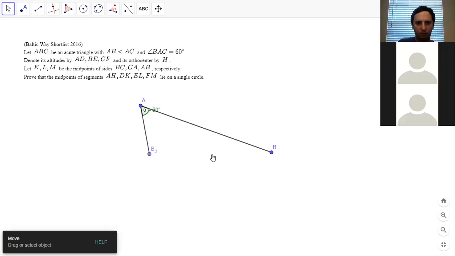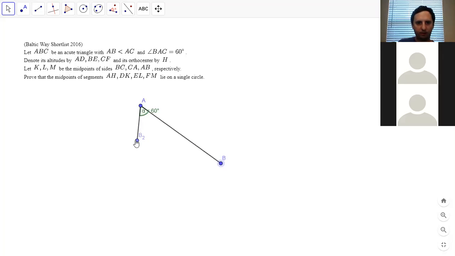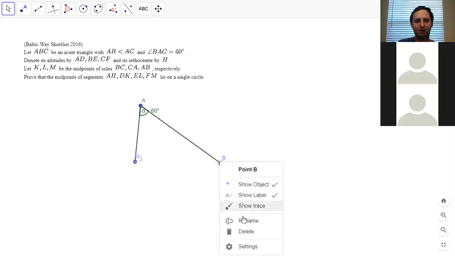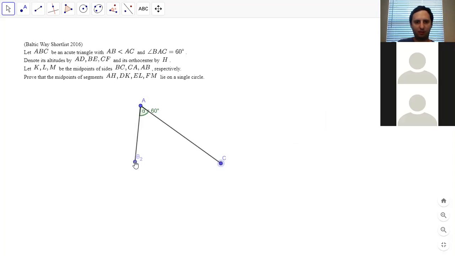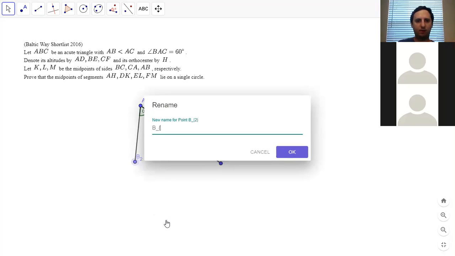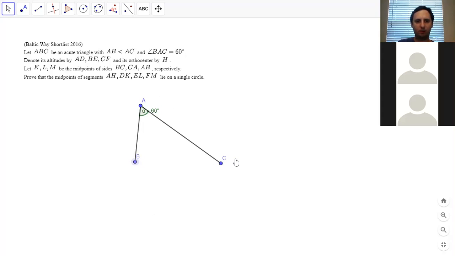And let me make it look more like this. Well, what just happened? It just changed. I want this to be C and this to be B. See if it works. Okay. Yeah, something like this.